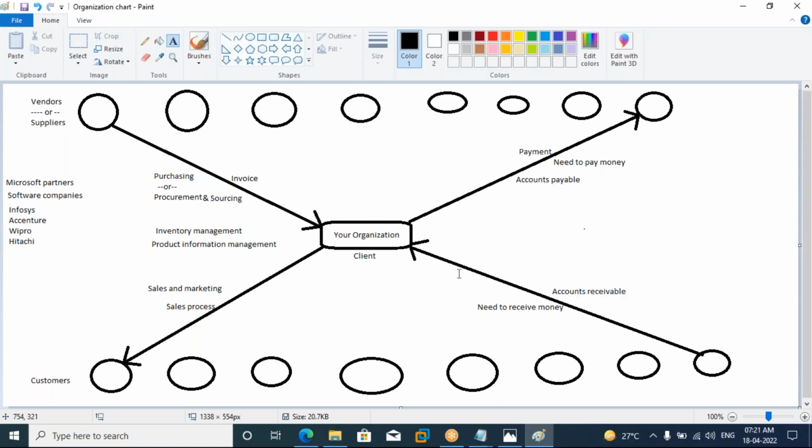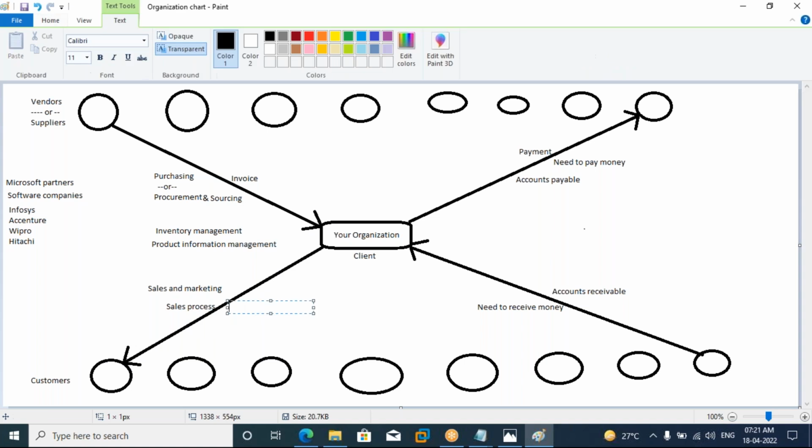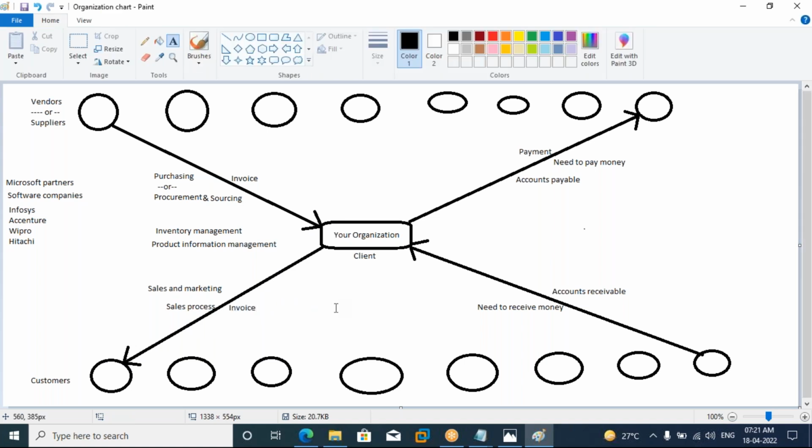If you want to receive money, you need to understand the accounts receivable module. You need to pay money, you need to receive money. So you are dispatching material, delivering material to the customer. For that, I need to understand how to do invoicing to the customer and how to receive money from the customer.